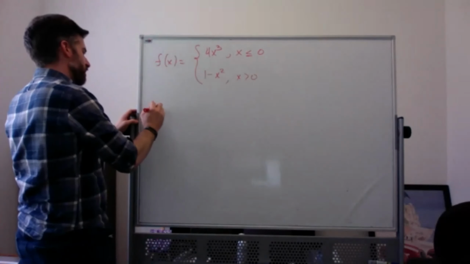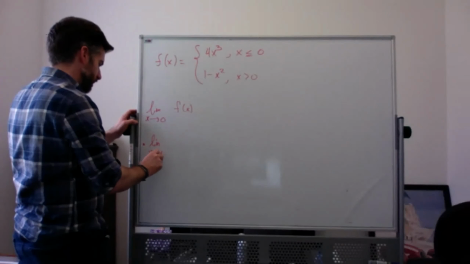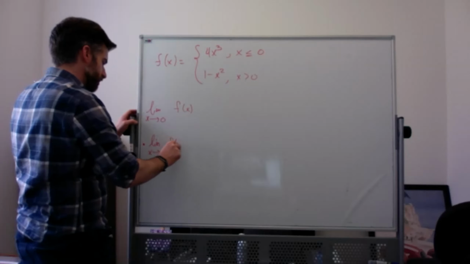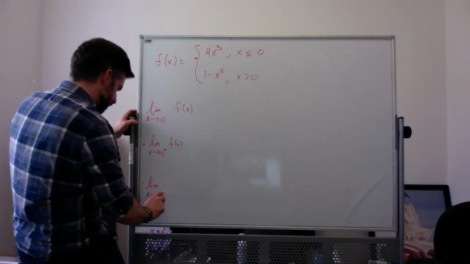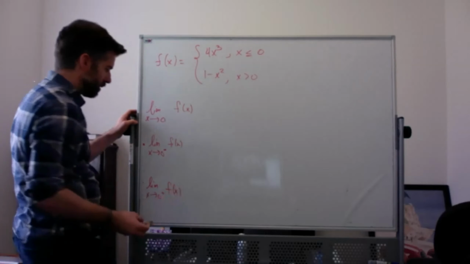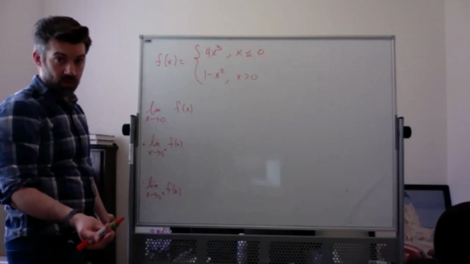So I'm trying to find the limit as x goes to 0 of f of x. I have to look at two pieces. The limit as x goes to 0 from the left, and the limit as x goes to 0 from the right. So if I'm approaching 0 from the left, that means I'm less than 0.